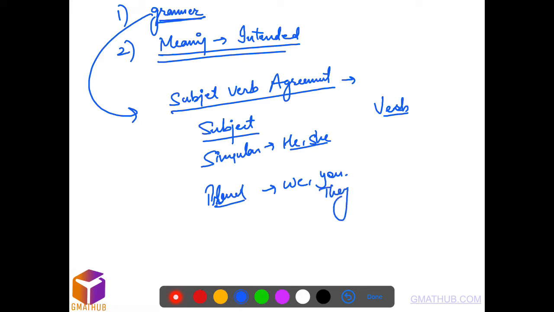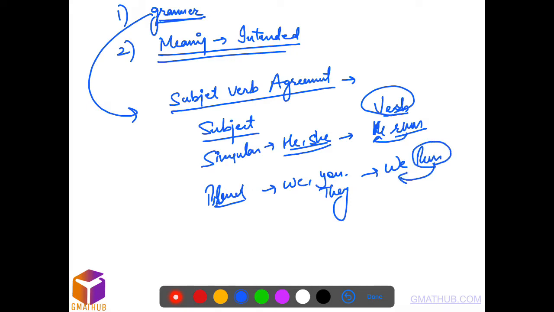All these are plural subjects. So he or she, let's say he runs. We'll use this form of verb with the singular subject. And we run. We is plural. That's the form of verb we use.